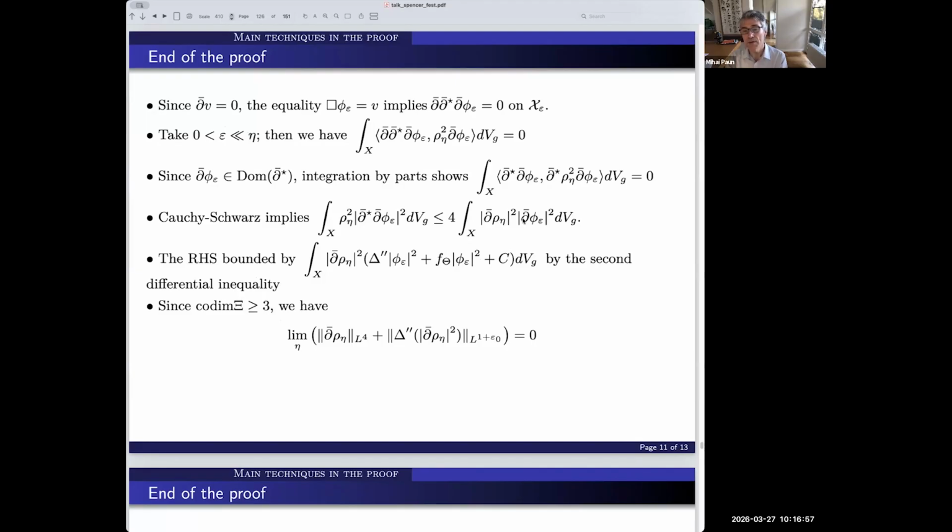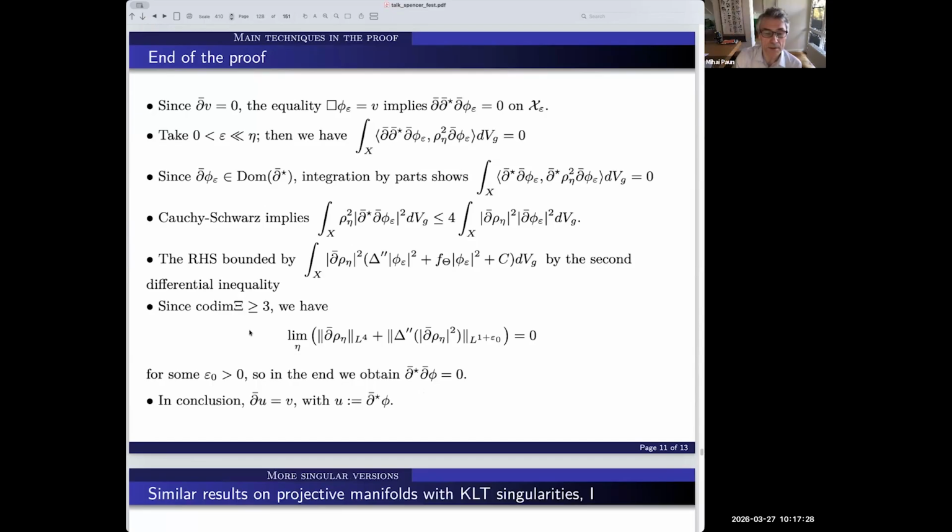But anyway, we can bound this uniformly with respect to epsilon and then take the limit with respect to eta. So this will converge to 0, and this will show that the dbar star, dbar phi equals 0. Okay, so indeed, we can get rid of this, but not for a fixed epsilon, but at the limit.